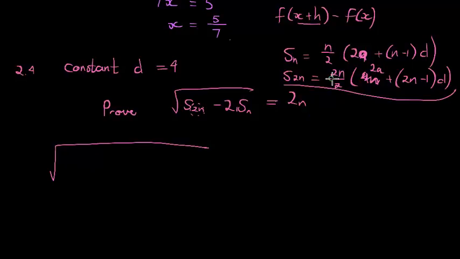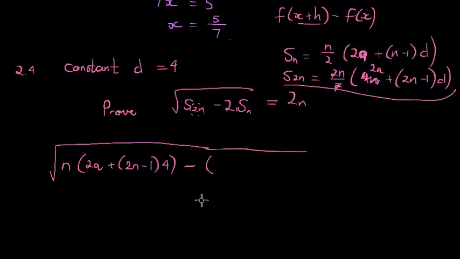So this 2 and that 2 cancel. So I'm left with n. Inside the bracket I have 2a plus 2n minus 1 times 4. That is the answer for S2n. And then I must subtract, and since I'm subtracting something, I should just put what I subtract in a bracket so that it changes all the signs.